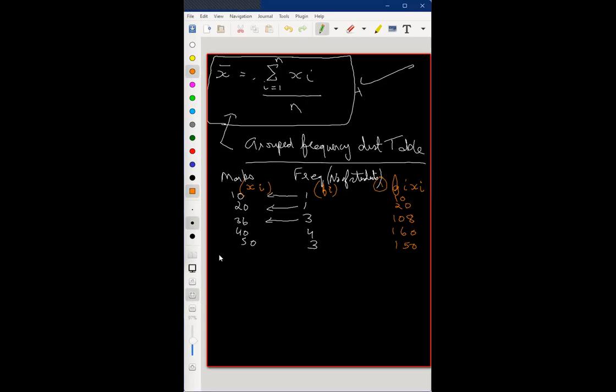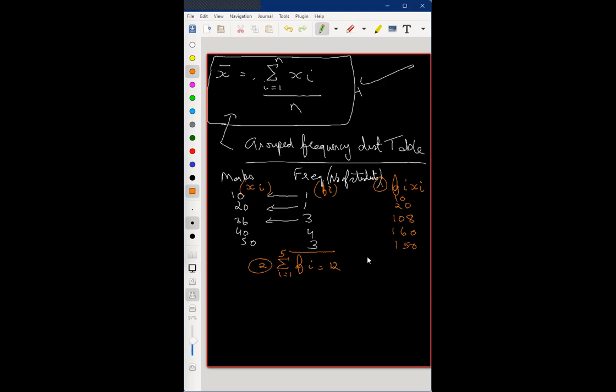The second step is to total the fi column. Here i goes from 1 to 5, because there are 5 entries in total. So we total this. What is the total? Sigma fi, which will be 12. So this is the second step.